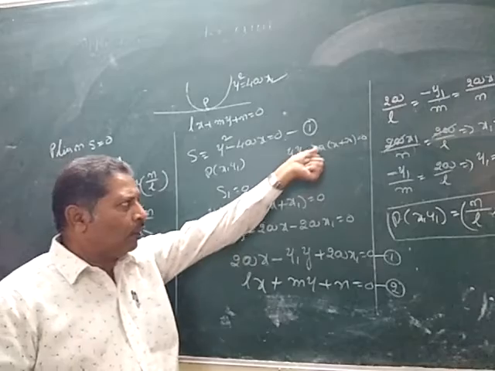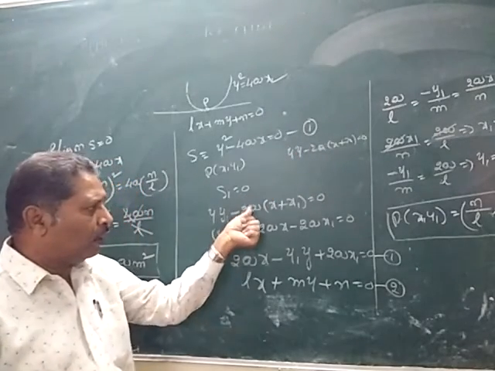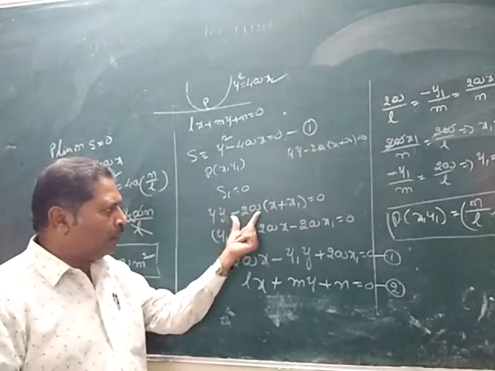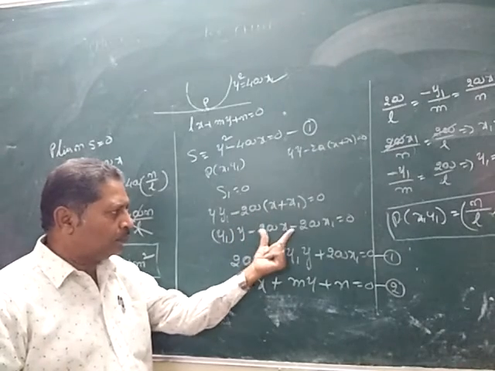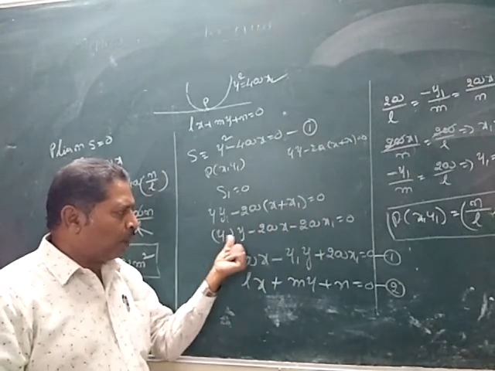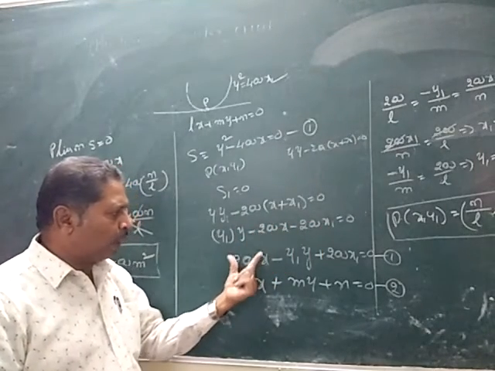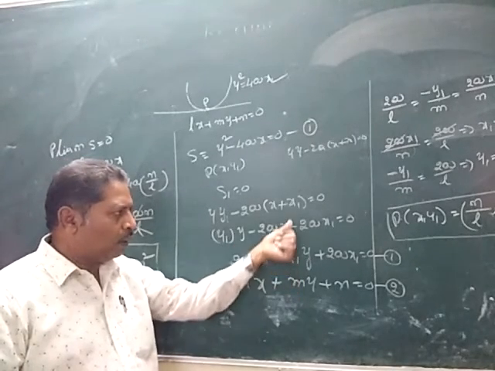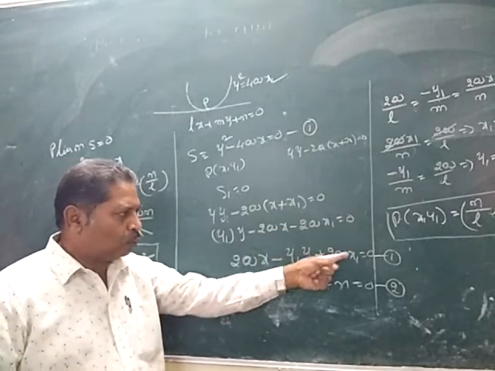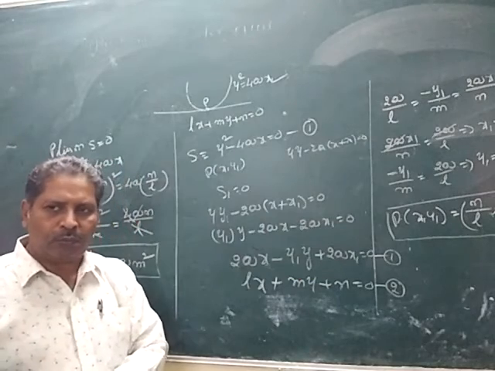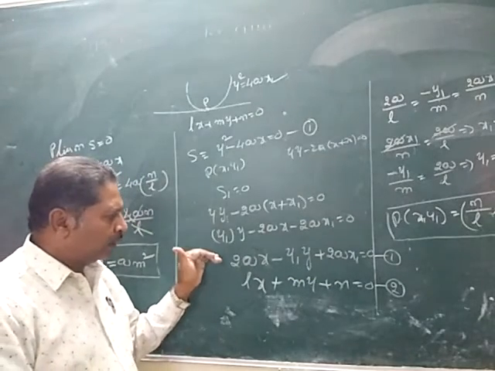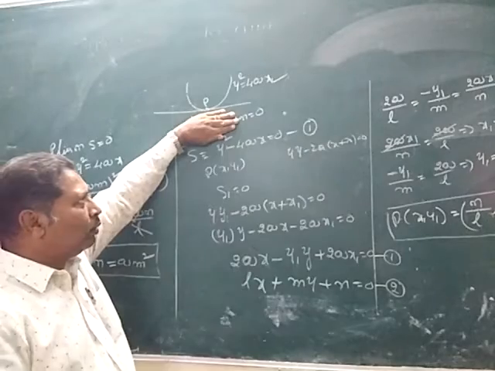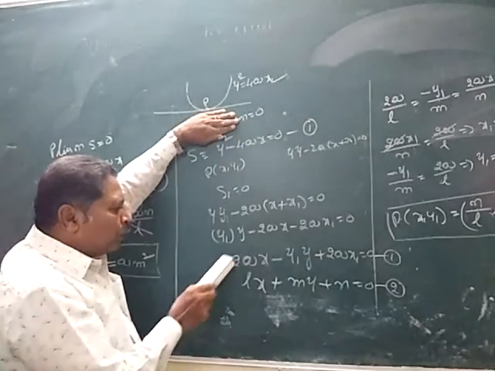That is y1 y minus 2a (x plus x1) equal to 0, that is, multiplying with the minus 2a: minus 2ax minus y1 y plus 2a x1 equal to 0. This is the tangent equation at the point P with respect to this parabola.